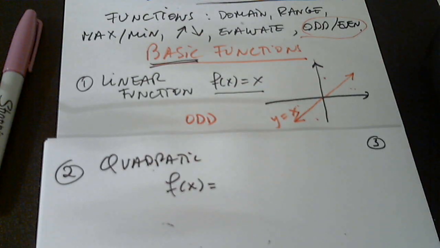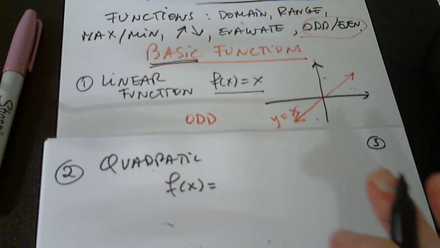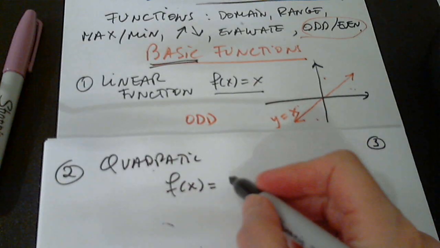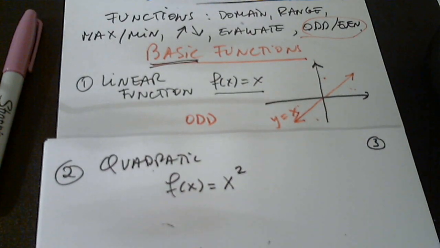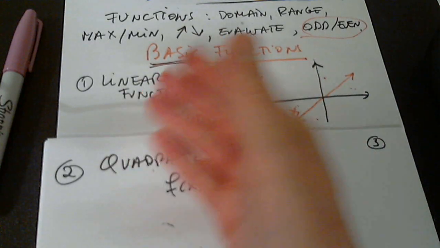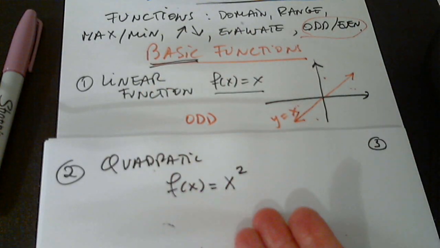It's okay if you're wrong. If the basic linear is x, the basic quadratic is x squared. Nothing. Clean, plain, nothing.